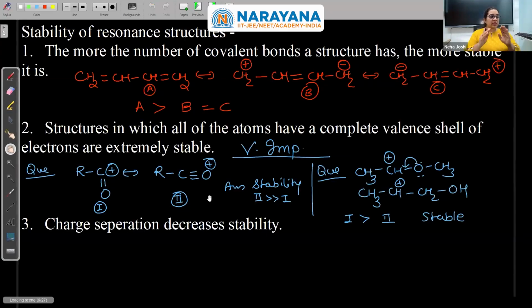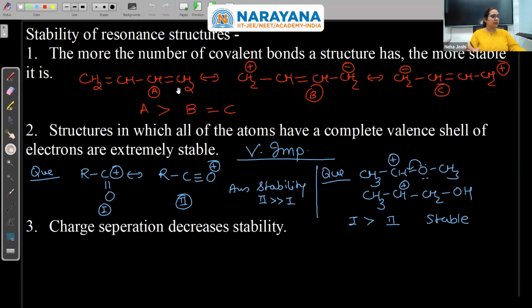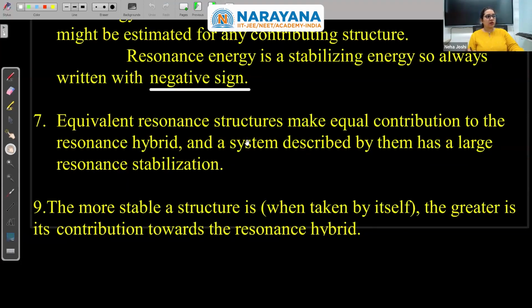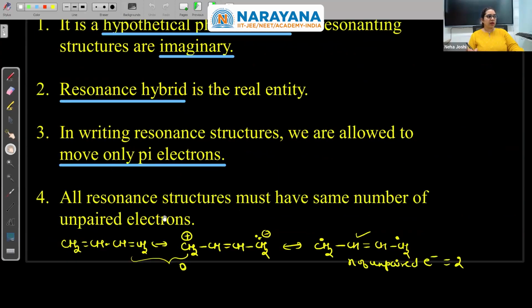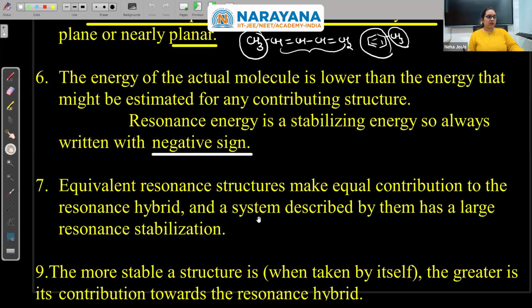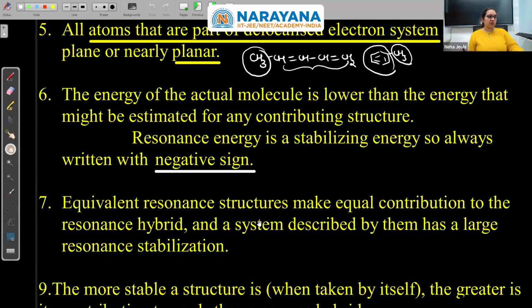Now, we have seen that two molecules, let's see, coming back here. In writing resonance structures, we are allowed to move pi electrons. And then we started comparing the resonating structures' stability, and how they were affecting the resonance energy.